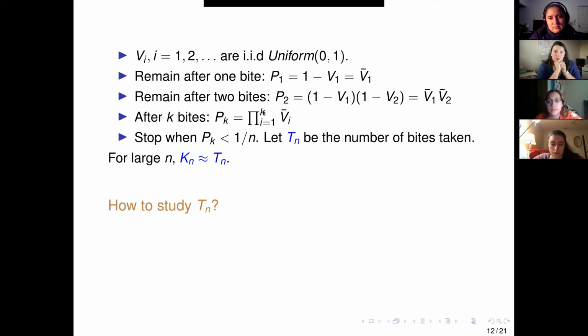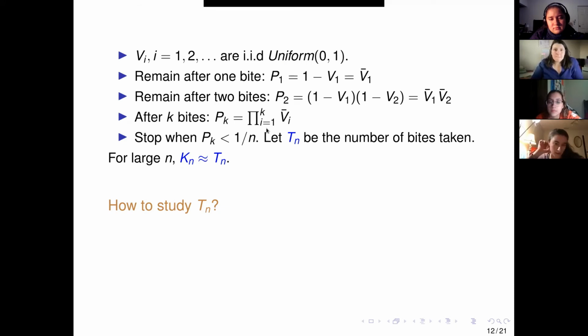Okay, so this is a product of IID random variables. Vi is uniform between 0 and 1, so Vi bar, which is 1 minus that, is still uniform between 0 and 1. And so this is a product of independent, identically distributed random variables, each with a uniform distribution.